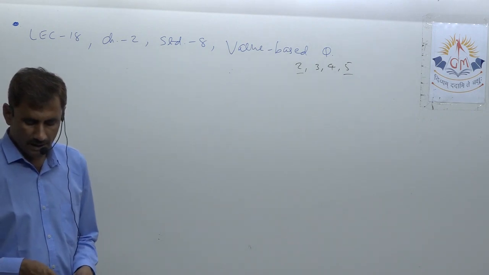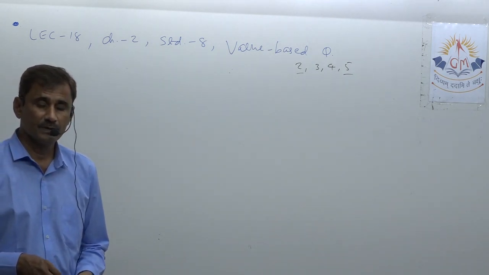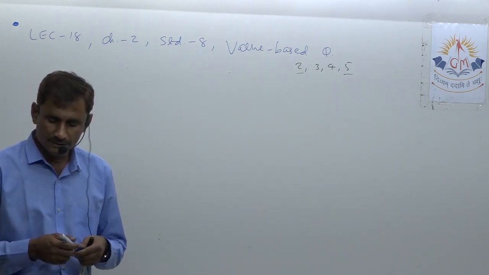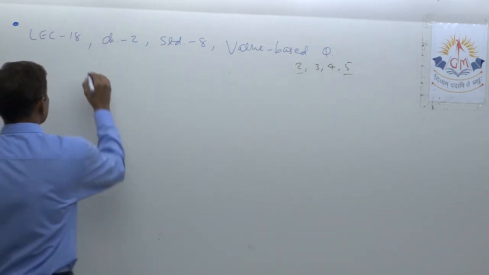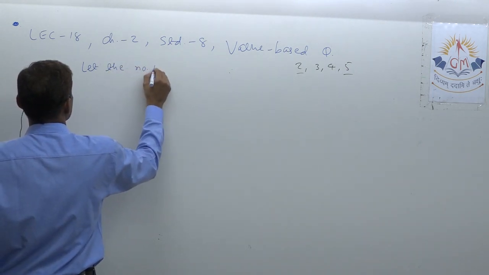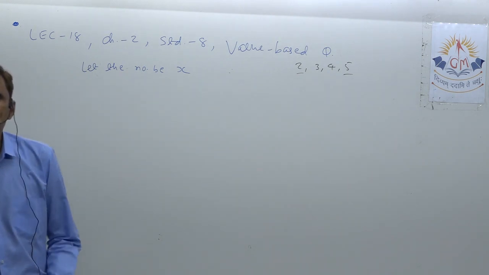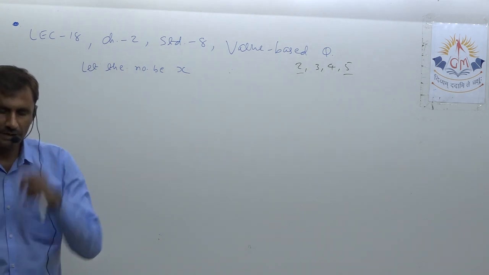10 is added to thrice a whole number, gives 46. So suppose that whole number is x. Let the number be x. Now what are they telling?